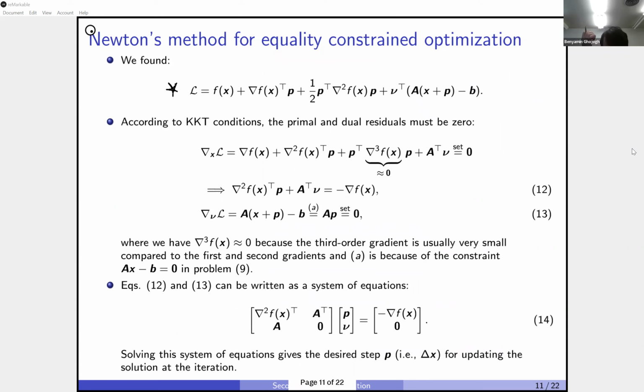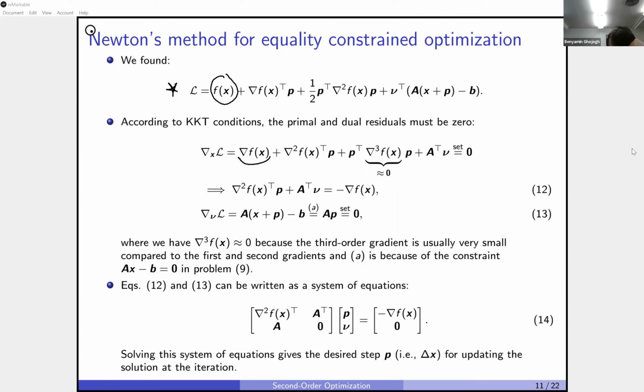According to the KKT conditions, the primal and dual residuals must be 0. We remember the KKT conditions: the derivative of the Lagrangian with respect to x should be 0, and the derivative of the Lagrangian with respect to the dual variables should be 0. So what is the derivative with respect to x? The first term becomes the gradient of f.